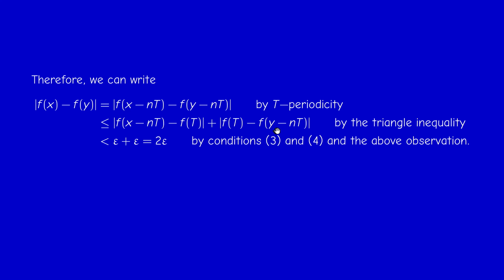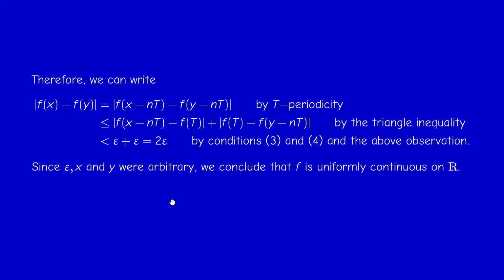Now, t and y minus nt are both in the interval t to 2t, and the distance between them is less than delta. So the distance between their images is less than epsilon, and therefore I get f of x minus f of y is less than 2 epsilon. And that's it. Since epsilon was arbitrary and x and y were arbitrary, we just proved uniform continuity on R.